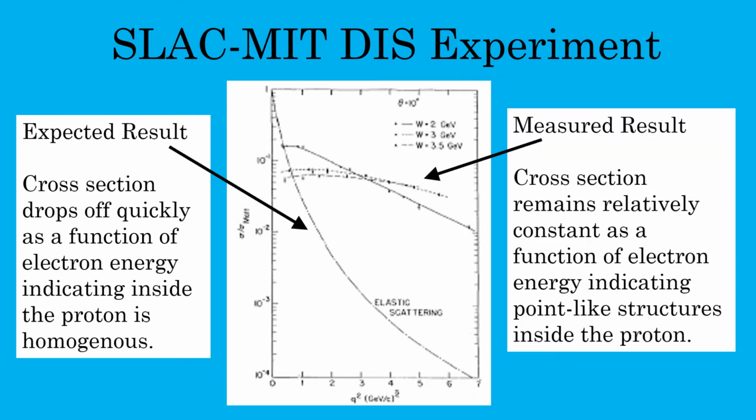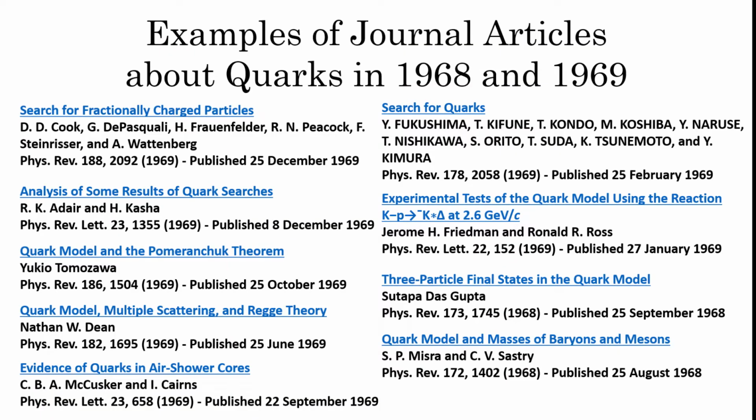However, when the experiments were done, to everyone's surprise, similar to the Rutherford experiments for atoms, they revealed unexpected structure, actual particles, inside the proton. This spurred speculation about what those particles were and sudden renewed interest in Gell-Mann's quark hypothesis.